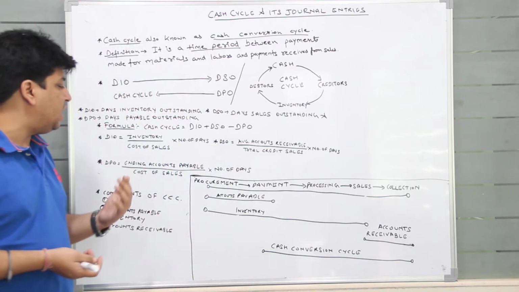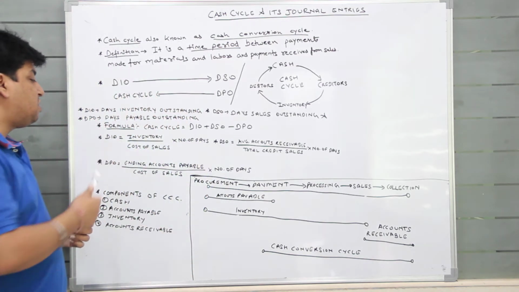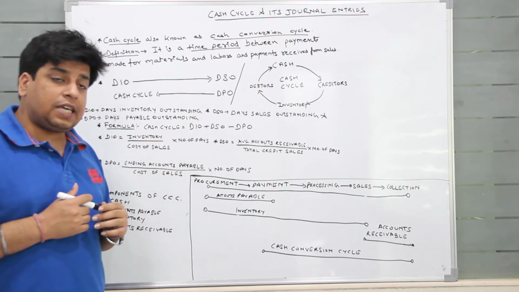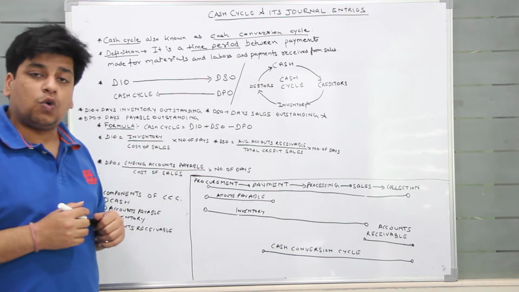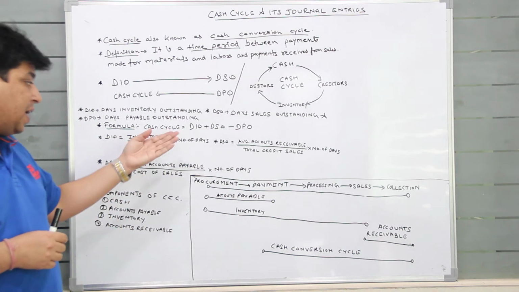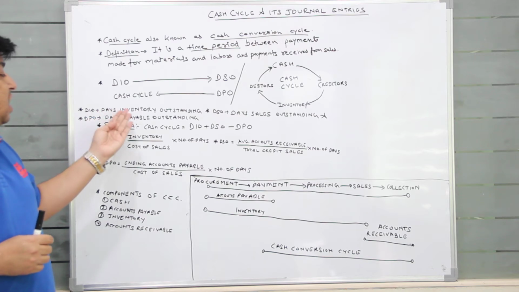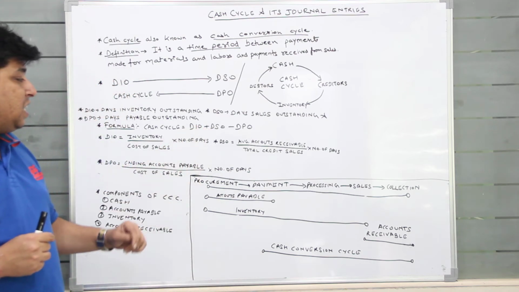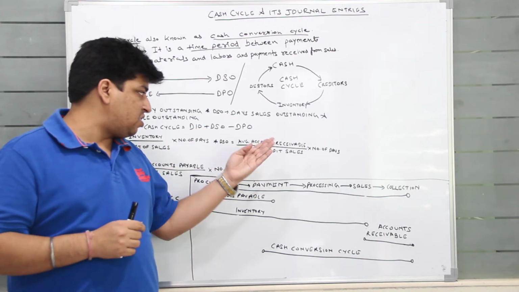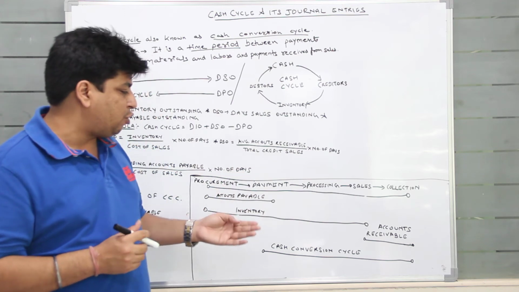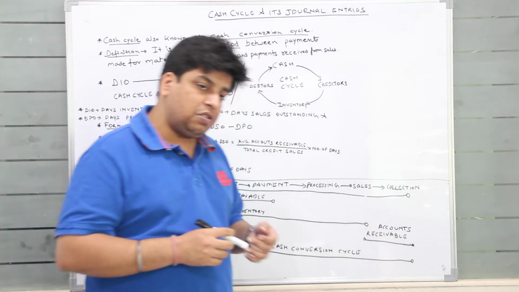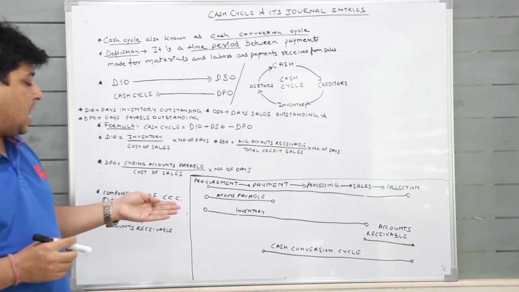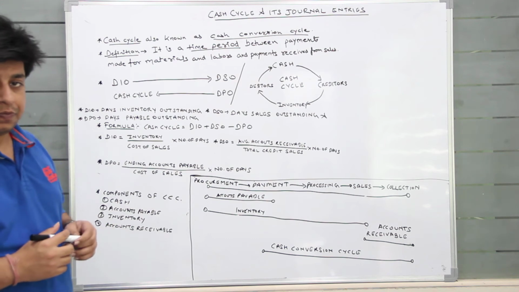Hence we can represent it through this particular formula, which says cash cycle is equal to DIO plus DSO minus DPO, where DIO would be days inventory outstanding, that is this duration, plus DSO, that is days sales outstanding or daily sales outstanding, that would be from sales till collection, minus DPO, which will be days payable outstanding, that would be your accounts payable duration.